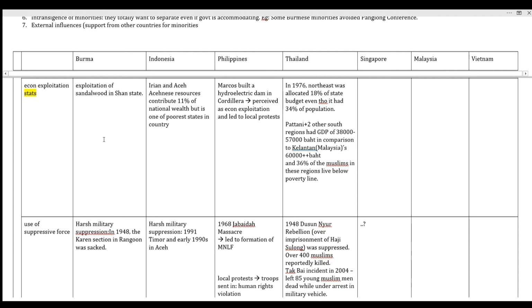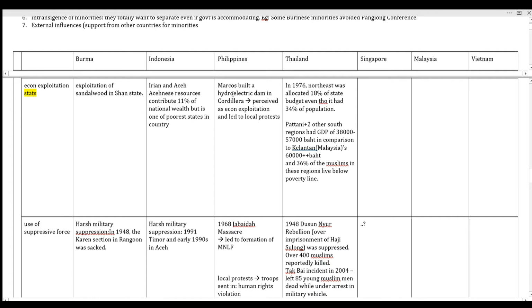So in Burma, we have the sandalwood exploitation in the Shan state. In Indonesia, even though Irian and Aceh contribute a lot of good resources, they don't get the money back. They are quite poor in the end. I guess that's why they don't want to be part of Indonesia.